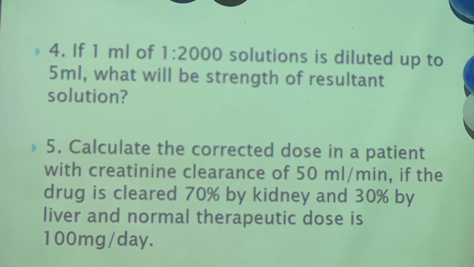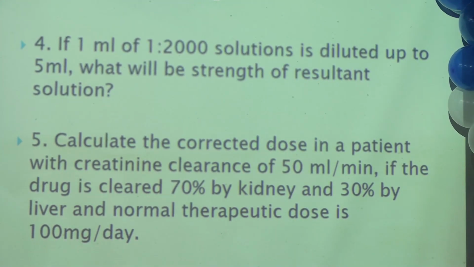Then plus 1 minus 0.3, then multiplied by 0.5. Then if you remove the bracket, what comes? Answer is 0.65.